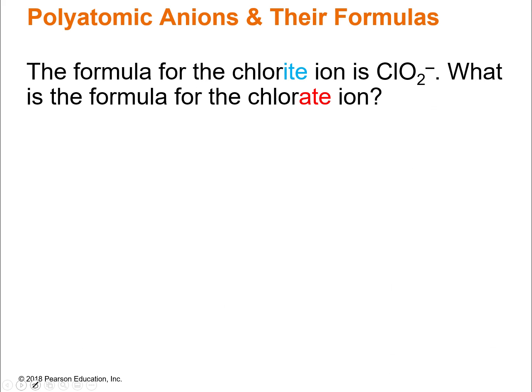Let's see if that makes sense by doing a quick sample problem. The formula for chlorite is ClO2 minus. What is the formula for the chlorate ion? If the ITE has 2 oxygens, how many oxygens should the chlorate form have?